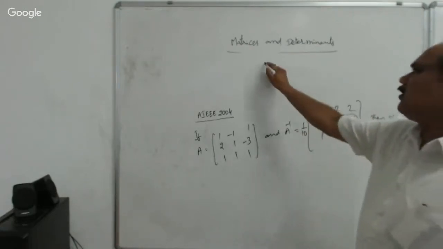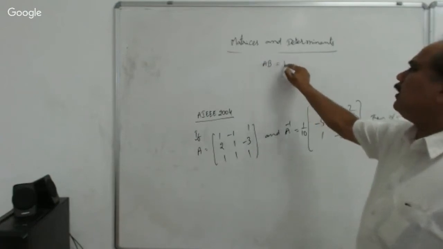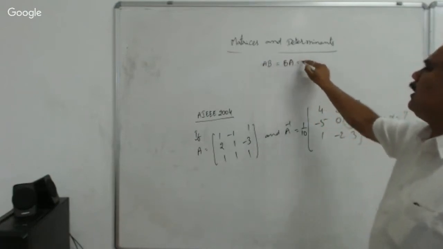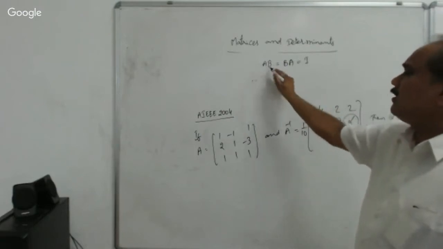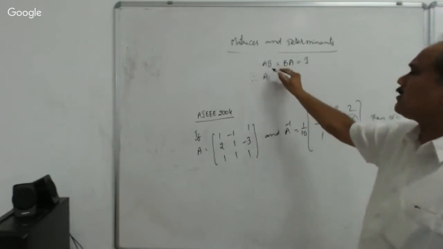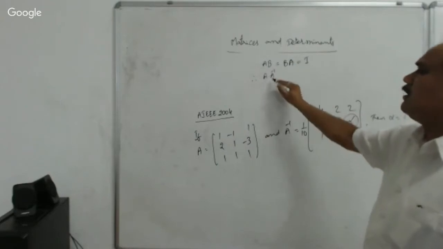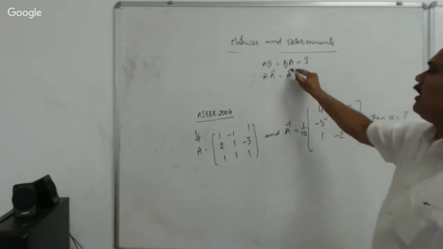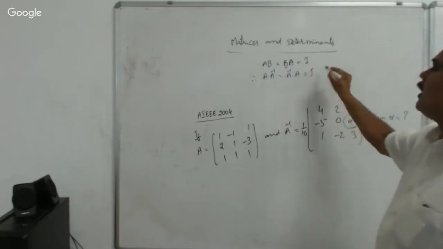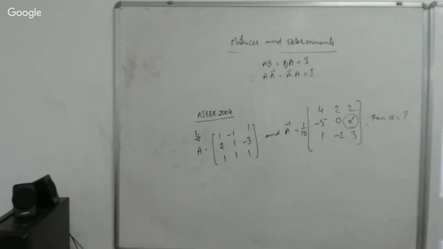Here it is a well-known formula: AB equal to BA equal to I. B is called the inverse of A. Means you can write like this also, B equal to A inverse. A into A inverse equal to I, or A inverse into A equal to I.